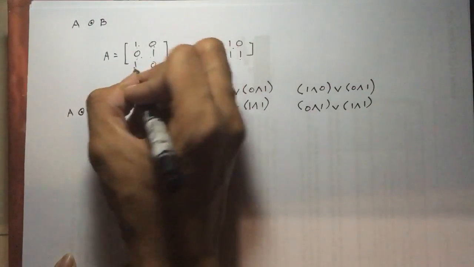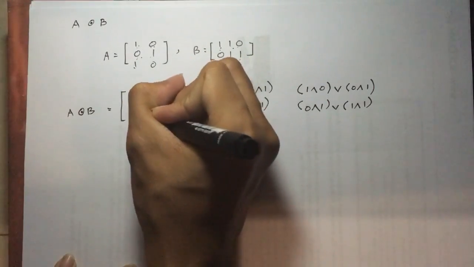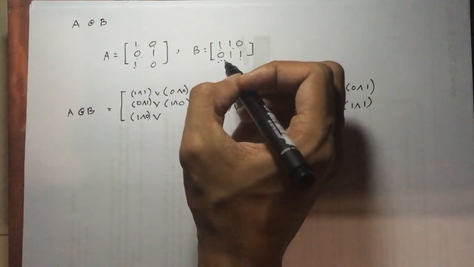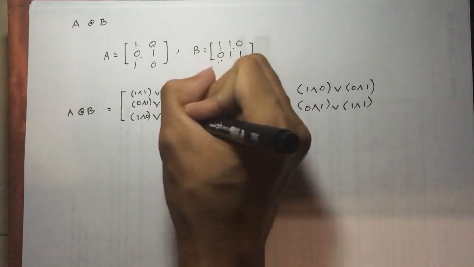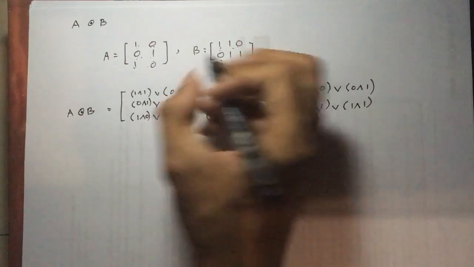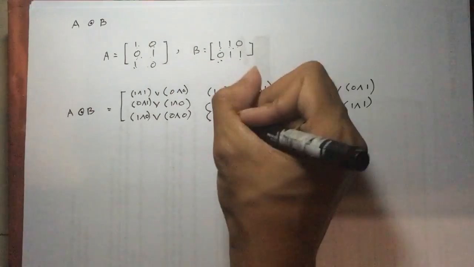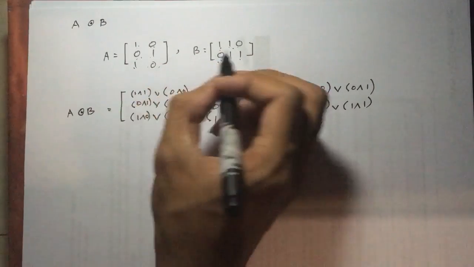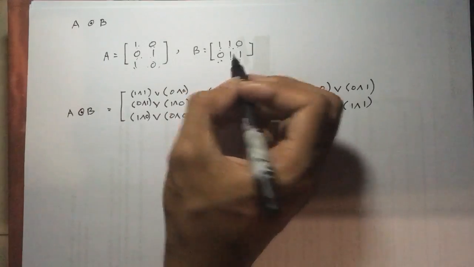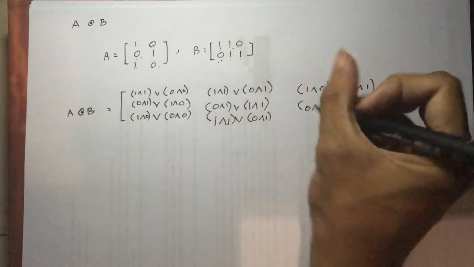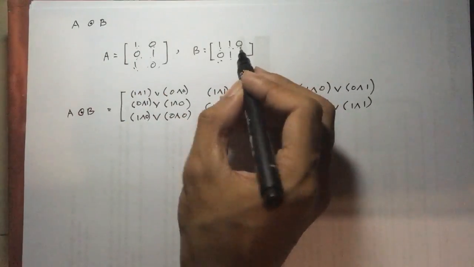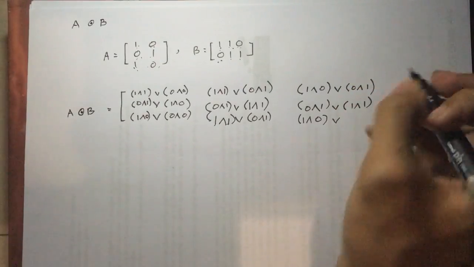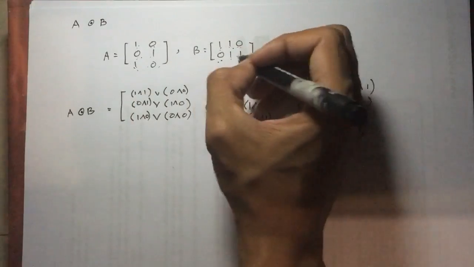Next is 1 and 0 or 0, 0, 1 and 1 or 0 and 1, 1 and 0, last is 0 and 1.